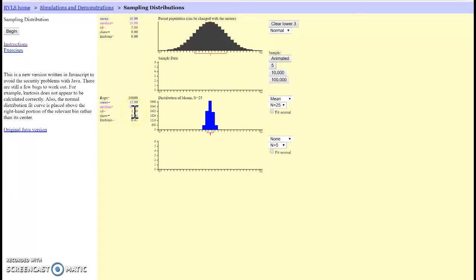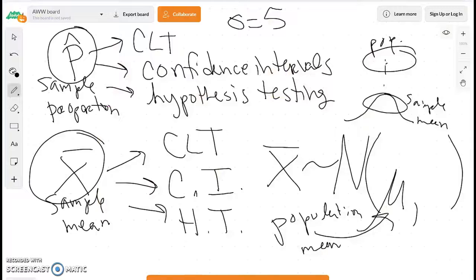How did I get a 1? Well, it seems to be dependent on the value of n. n is 25. So how can I get a 1 out of a 5? Basically, you take sigma and divide it by the square root of n. So sigma is equal to 5, and n in this case was 25.